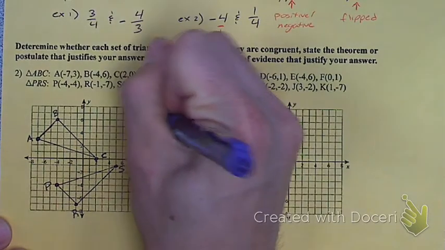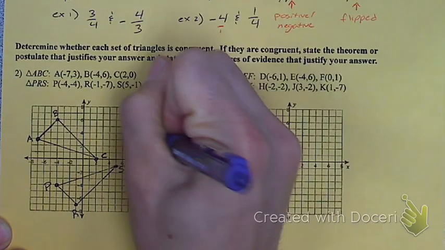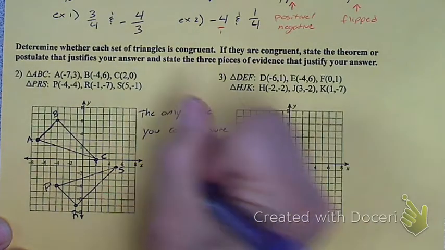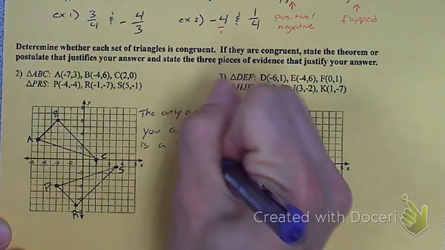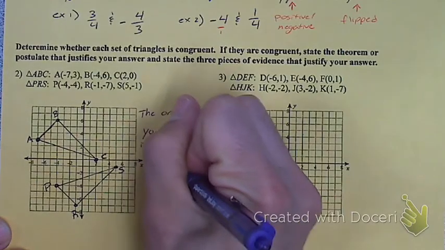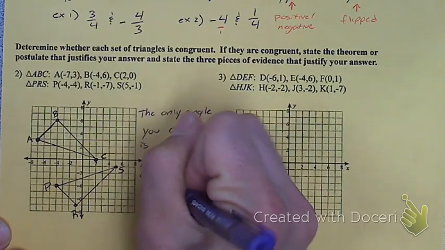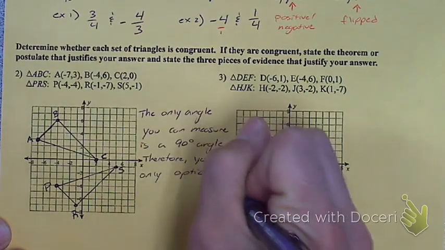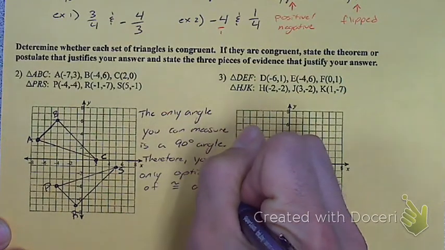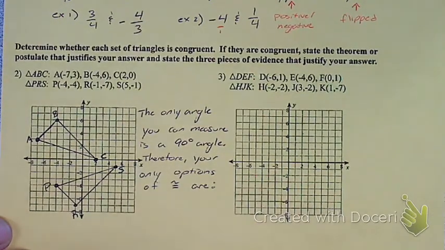Alright, the only angle you can measure is a 90-degree angle. Therefore, your only options of congruence are: what are my 5 options for triangle congruences?